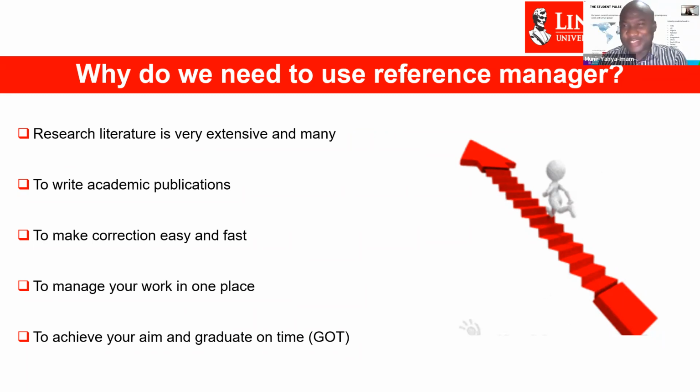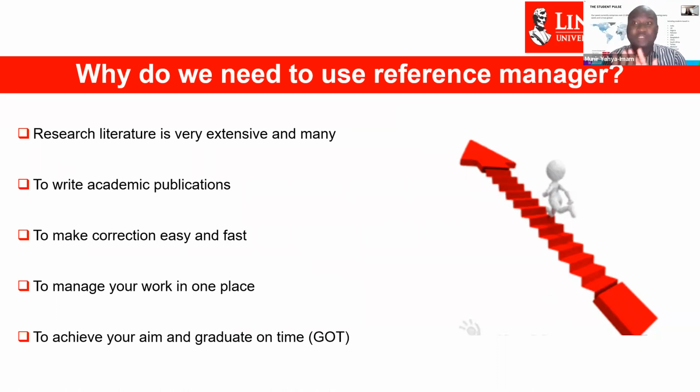Then to write academic papers. Remember, when you want to submit your paper to journal outlets, there are different formats. Every journal has their own format. Take, for example, IEEE, the way you're going to write an article and submit for IEEE is different from the way you're going to write an article and submit for Springer.